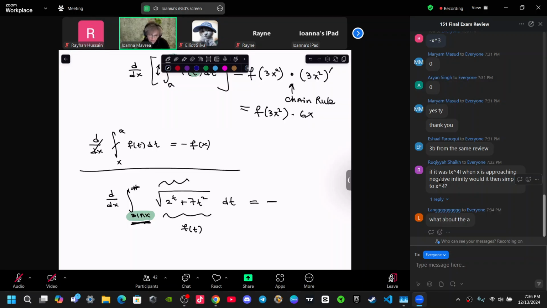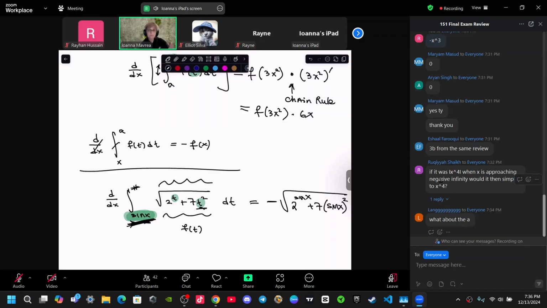The answer will have this function, and all the t's are going to be replaced by that. So it's going to be this function 2 to that weird limit plus 7. The t is going to be replaced by sine of x, and that t is to the second power.